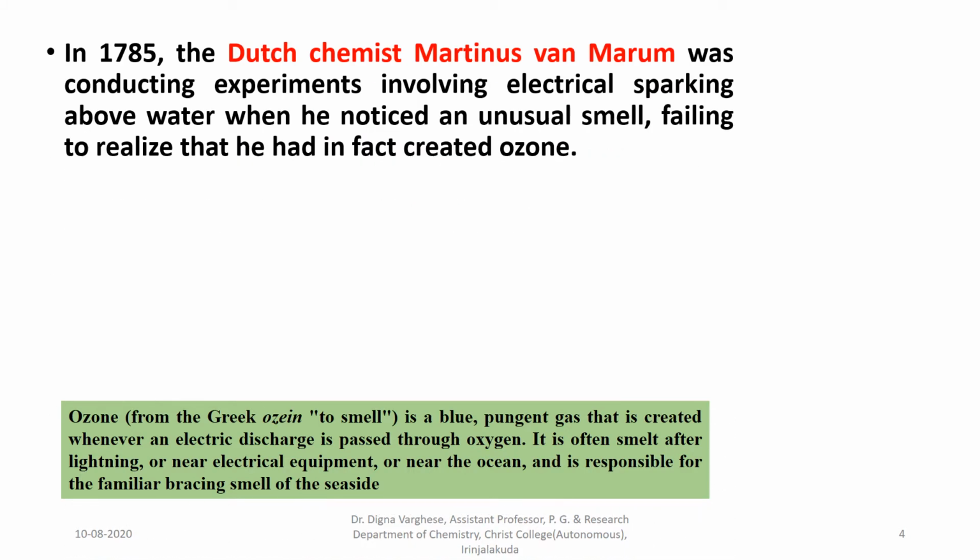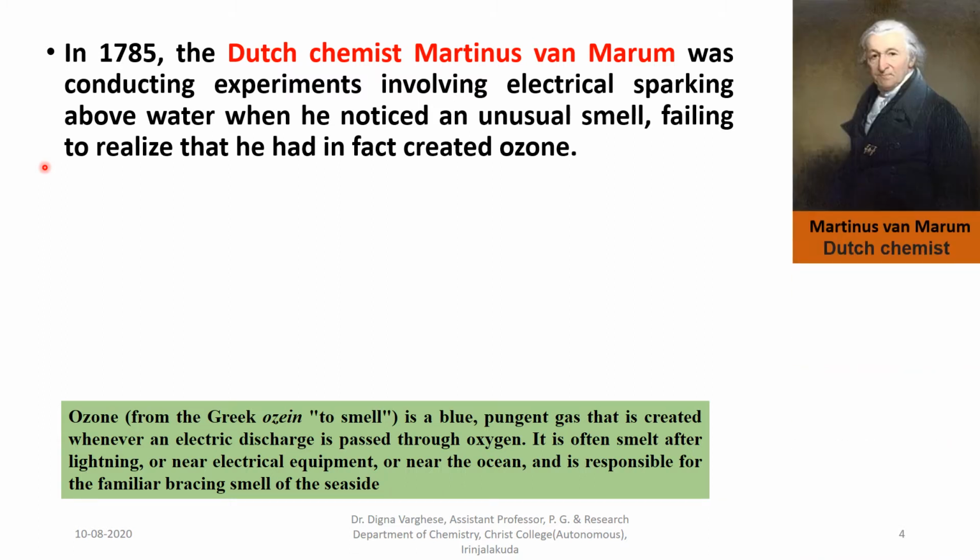In 1785, the Dutch chemist Martinus van Marum was conducting experiments involving electrical sparking above water when he noticed an unusual smell, but he failed to realize that he had in fact created ozone. Martinus van Marum was a Dutch chemist.